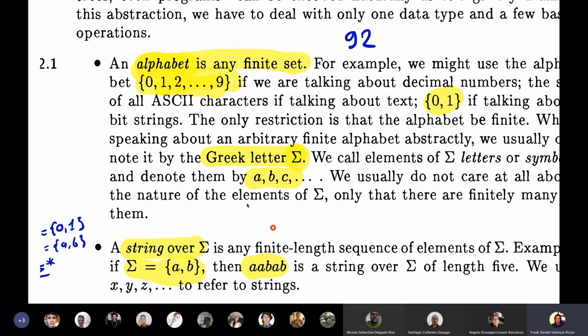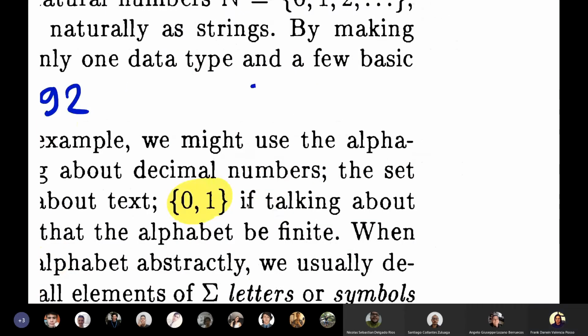The elements are typically named as a, b, c, and a typical example of sigma is the binary alphabet. The binary alphabet is the alphabet 0, 1. This is very important because machines basically work with the binary representation of numbers.